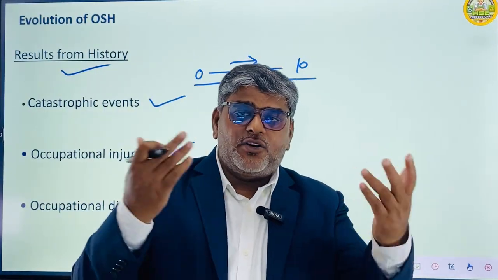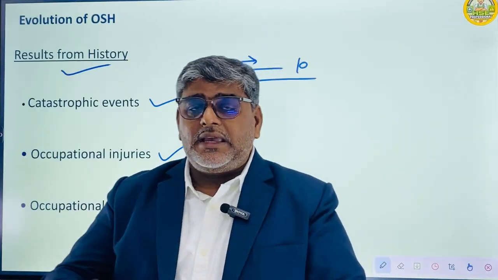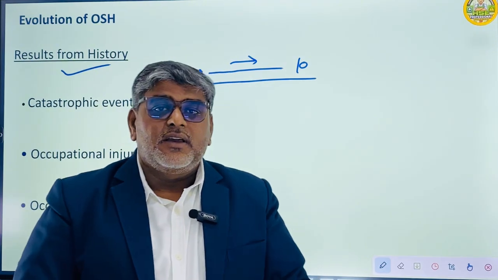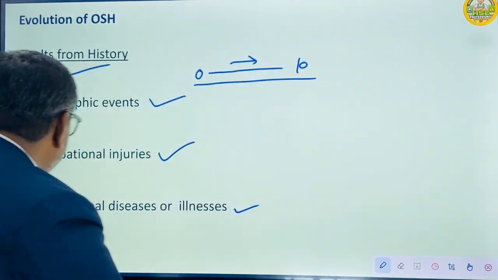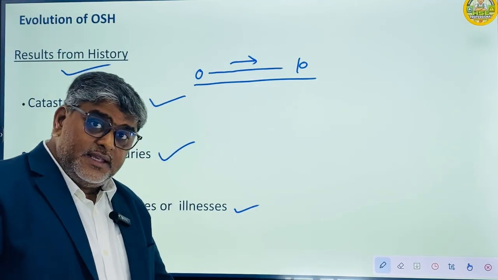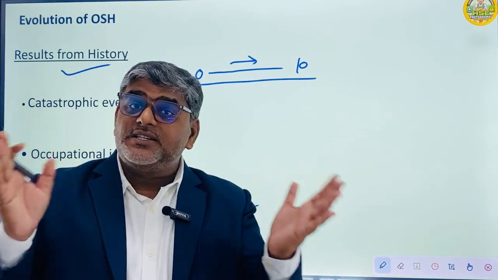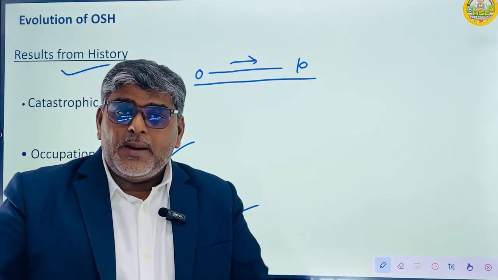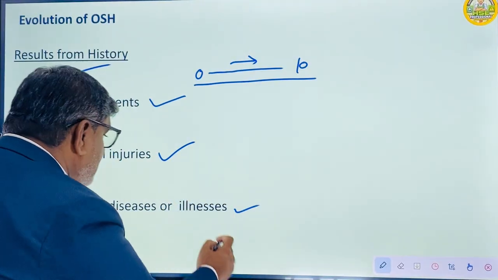Suppose a person fell down from the scaffolding, had multiple fractures, and died. That is not called catastrophic; it is occupational injury. Injury is harm and impact on the human body, like finger injury, brain injury, eye injury, upper limbs, lower limbs or any part of the body.